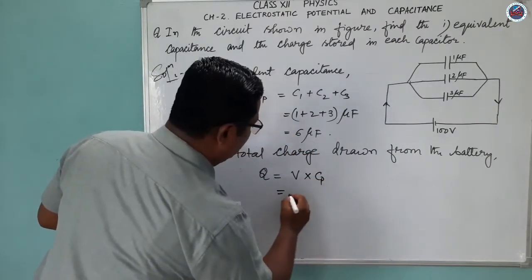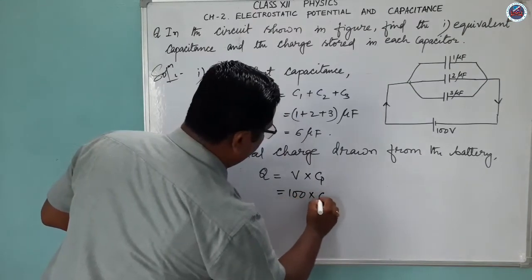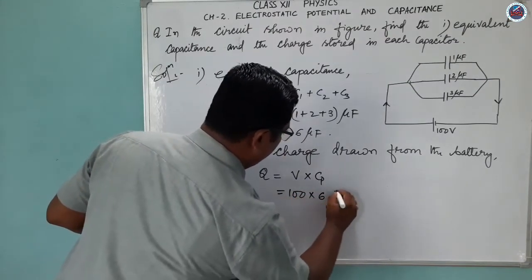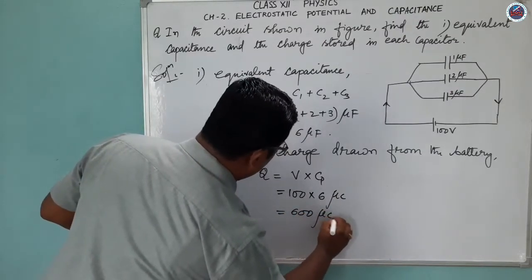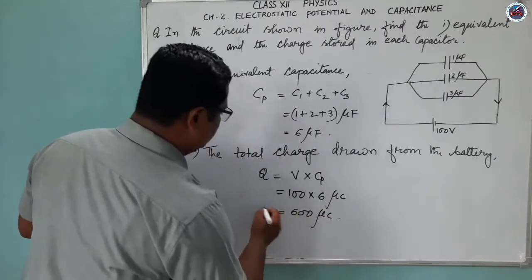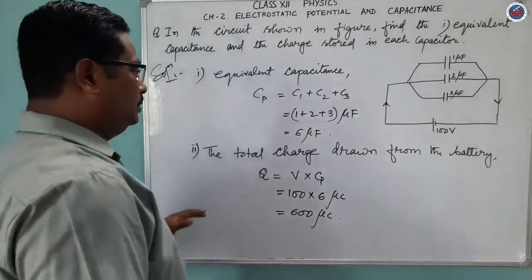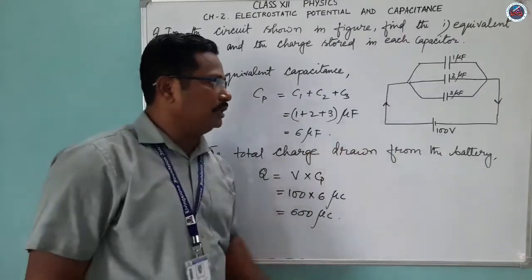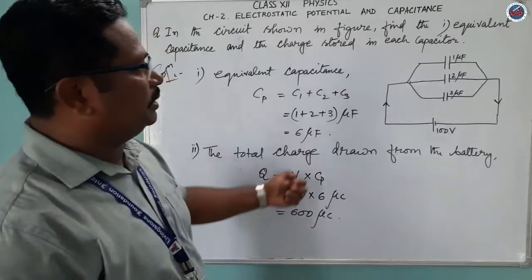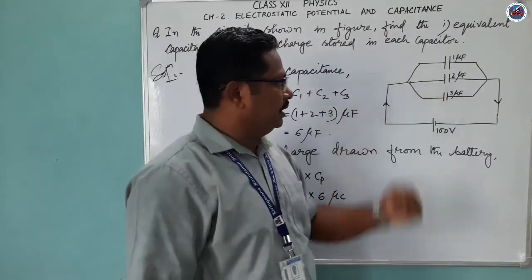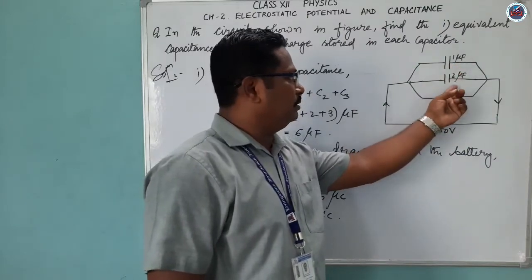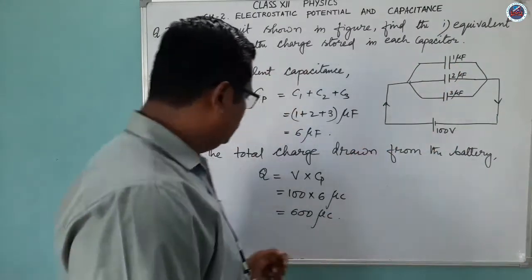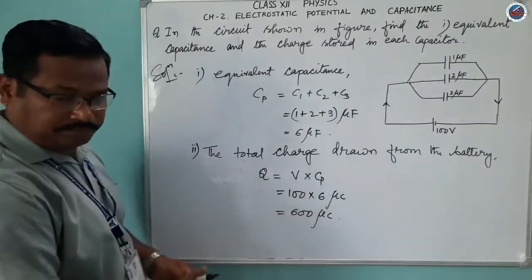This is 100 into 6, it will be in microcoulomb, so it is 600 microcoulomb. This will be the total charge that is drawn from the battery. Now that will be distributed to each of the capacitors individually depending upon their capacitance, 1 microfarad, 2 microfarad, 3 microfarad. So let us find out one by one.